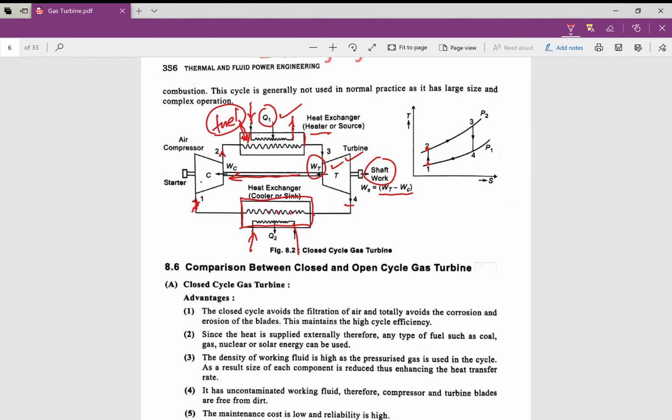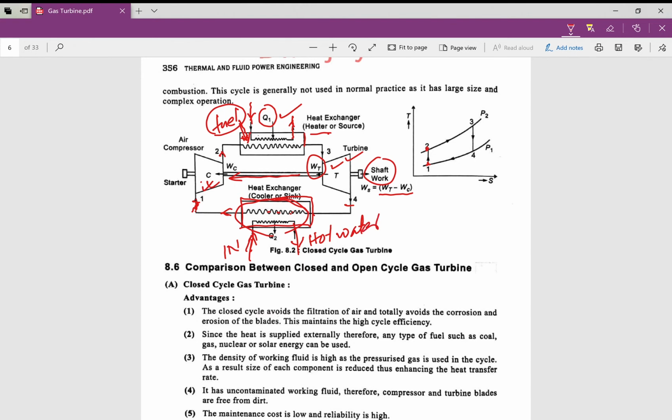Otherwise, for compression, the compressor would have to be bigger. So to decrease the volume of this air or gas supplied to the compressor, it is cooled over here in this heat exchanger by supplying water from outside, and let us say this water is supplied, and here we will be getting hot water.